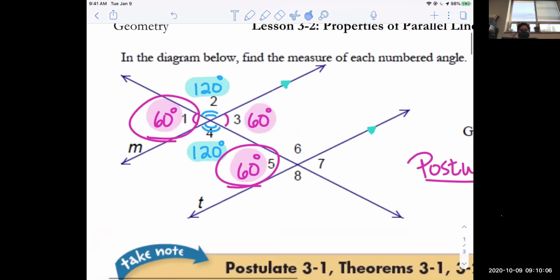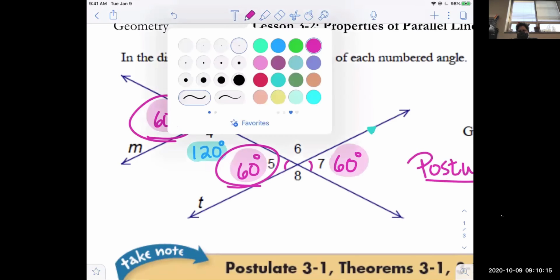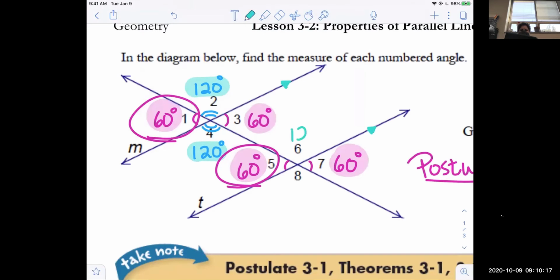Now, if we finish that off, we could do the same thing as up above. We could use that vertical angles have to be congruent, so that one's also 60. And then these will have to be 120 for the same reasons as above, or because we can transfer the angles above down to this group down here.